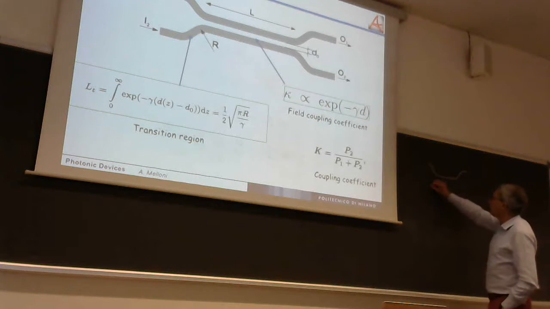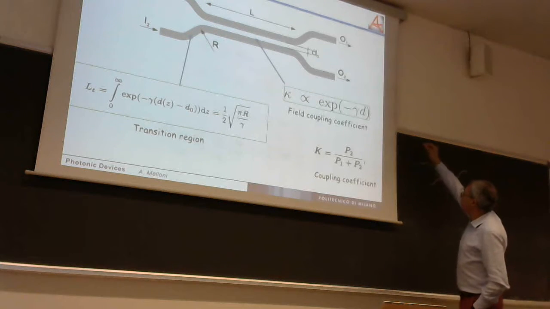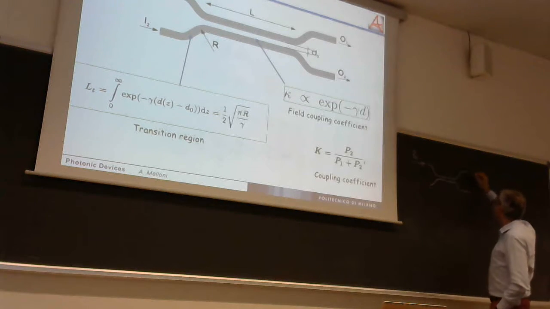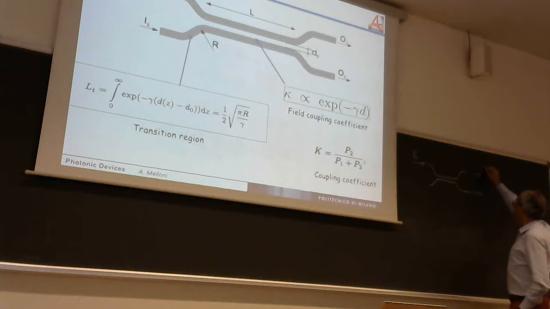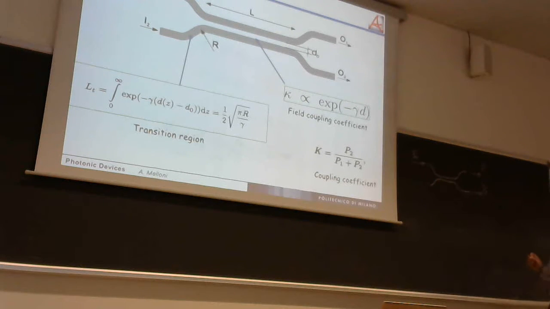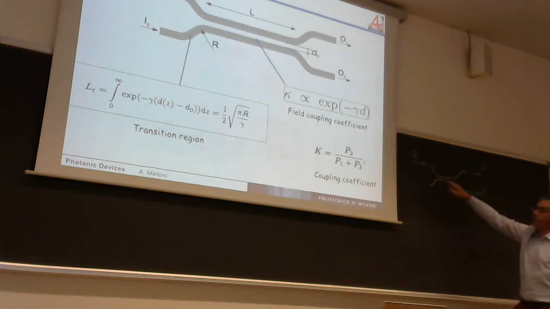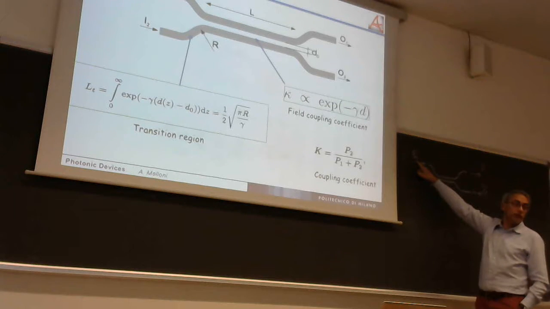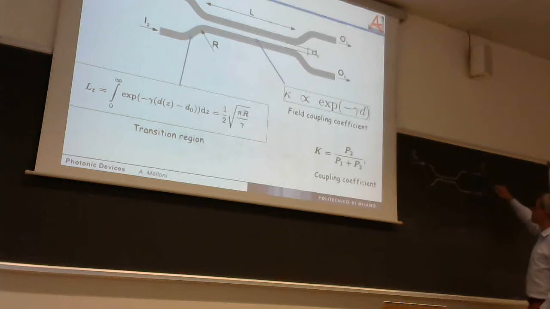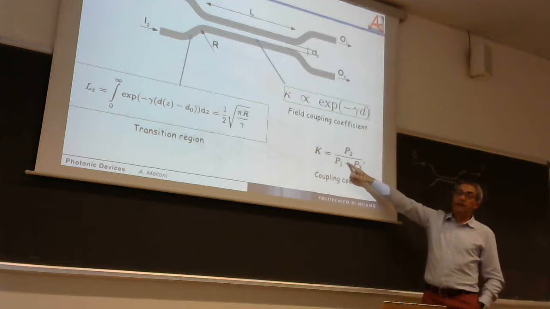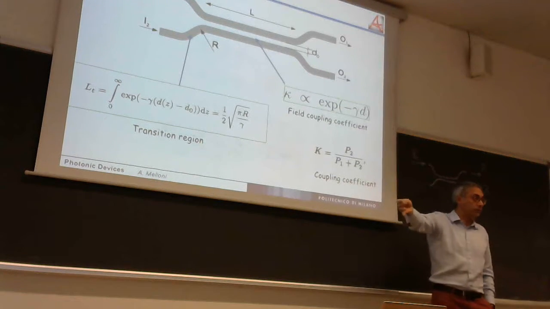So if you think of the coupler like this, you enter here with a given power, P0, and you split the power in two, and the ratio P2 over P0, or if you want to take into account the attenuation, the sum of the two, is the power coupling coefficient.